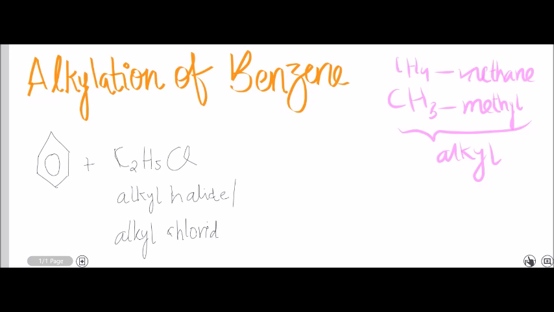For example, if we had C2H5Br, then it will be alkyl bromide, right? And again, because it's a Friedel-Crafts reaction, we're going to have the same catalysts that we used before, FeCl3, FeBr3, or AlCl3. Right now I'm just using FeBr3.